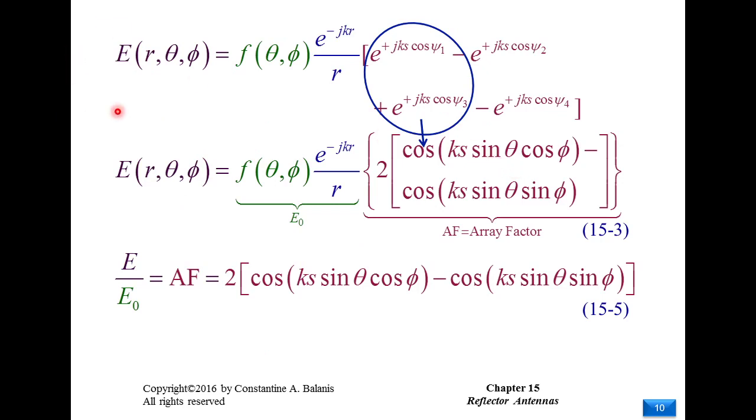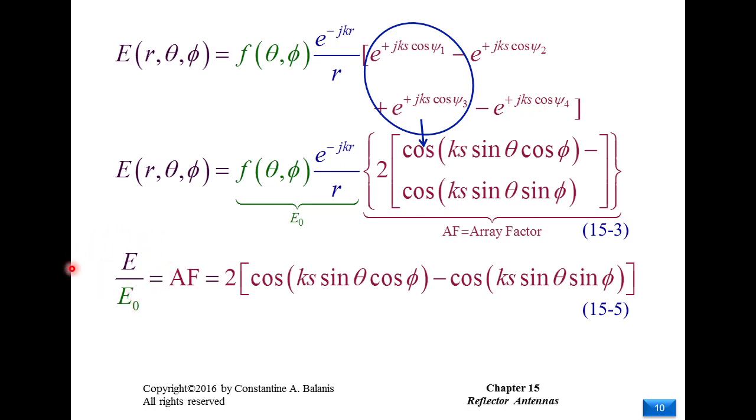So the total radiation field from this reflector would be the common factor. Then this is element 1, element 3, they can be combined together to have twice cosine of this expression. Element 2 and element 4 with the negative sign can be combined together to have another cosine.